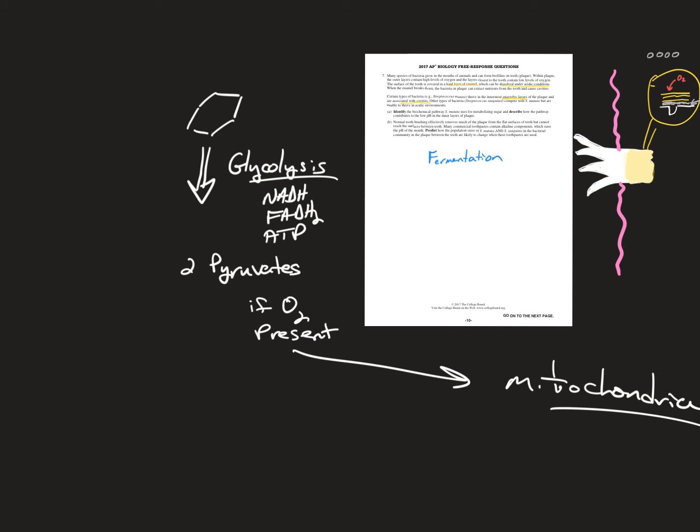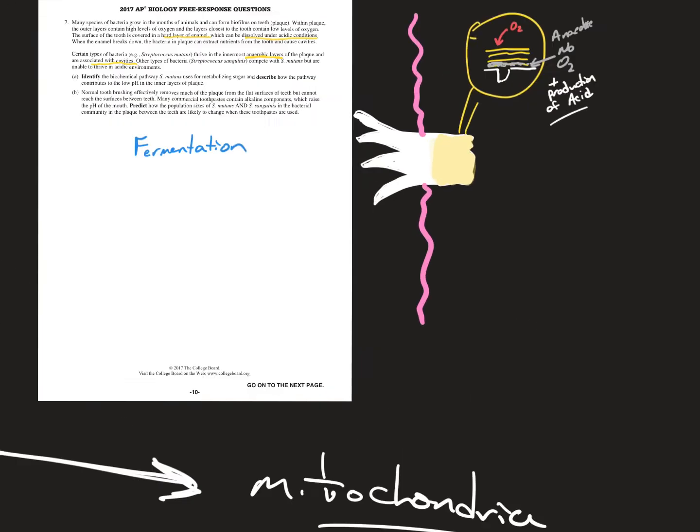That's one pathway, where in the mitochondria they can do aerobic respiration. If there's no oxygen present, then it's going to do anaerobic respiration, what we call fermentation. Either you're going to produce alcohol or an acid called lactic acid.